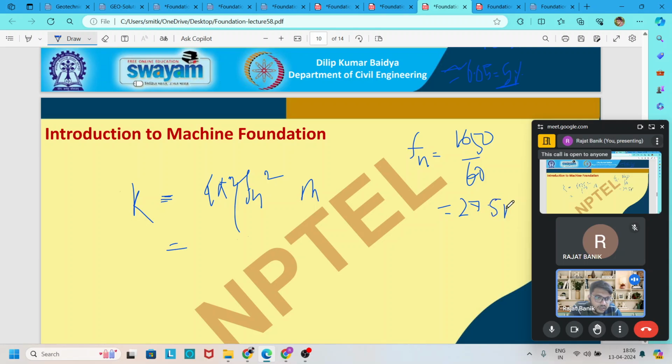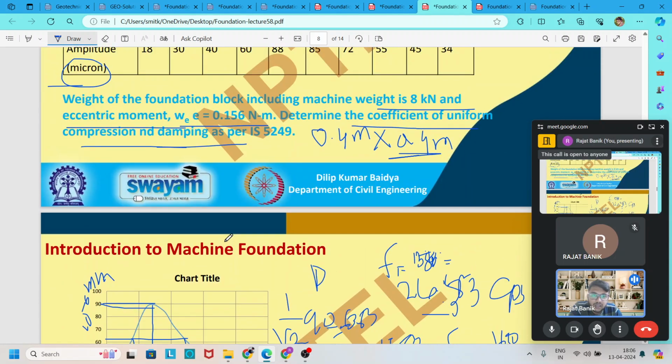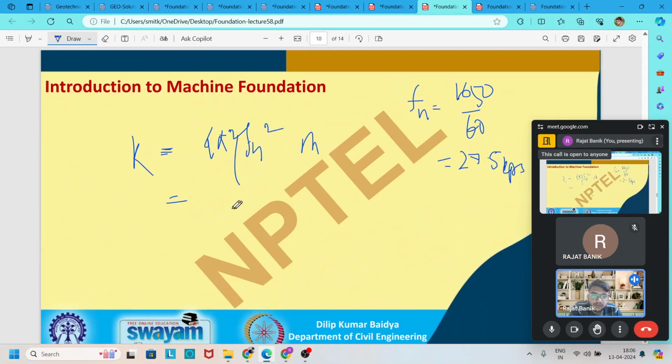So put all this below. M is given as 8 kilonewton, so we have to divide it by 9.81.